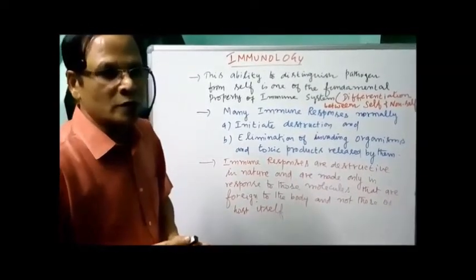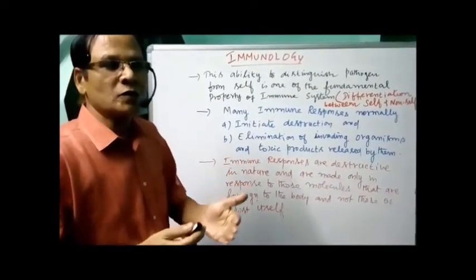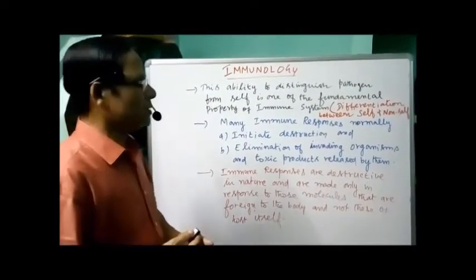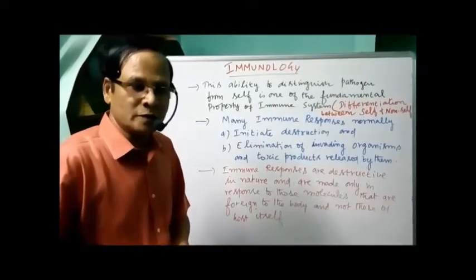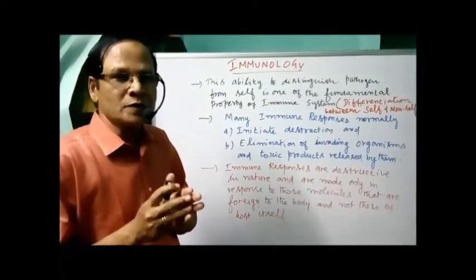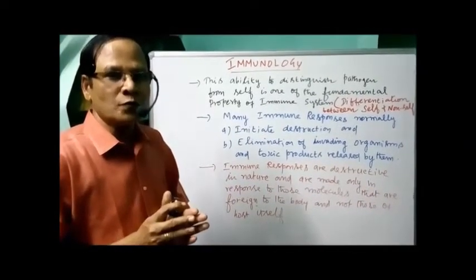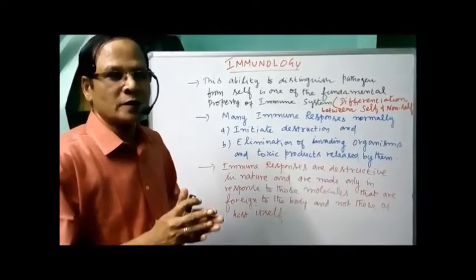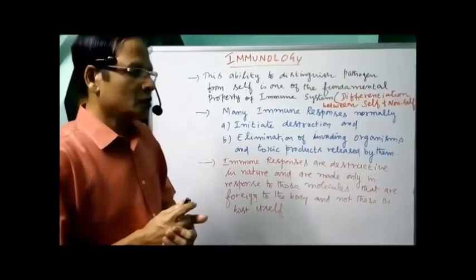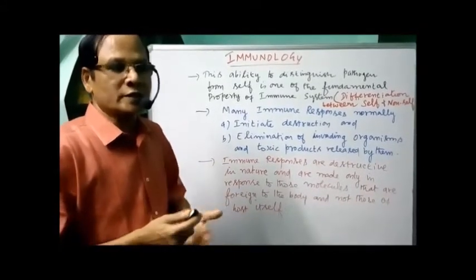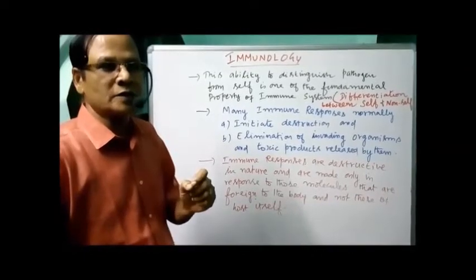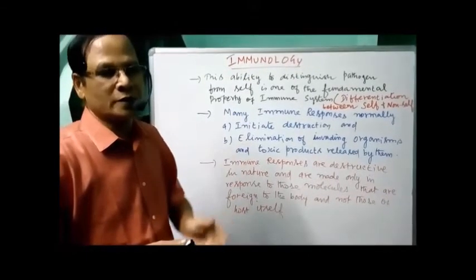That results in a condition called autoimmune disease. What do you mean by autoimmune disease? In autoimmune disease, the immune system of one's body fails to make a distinction between self and non-self. So it is destructive against the self molecules, leading to a disease called autoimmune disease.